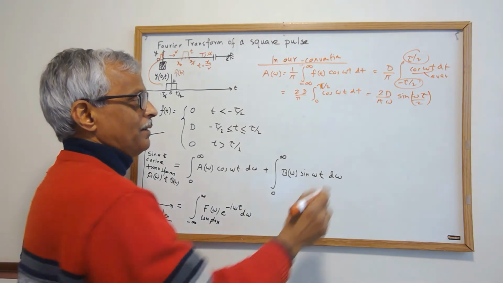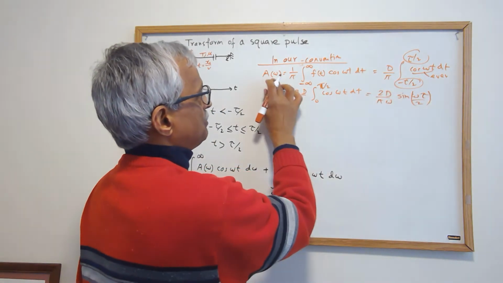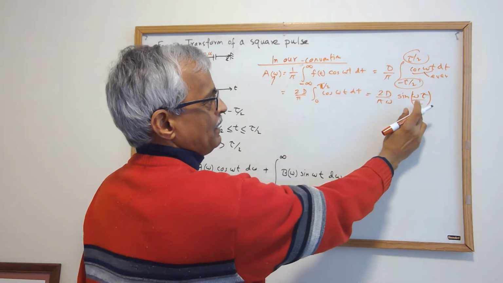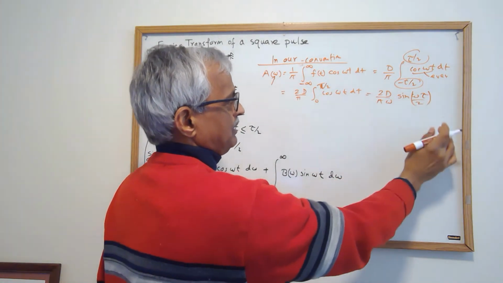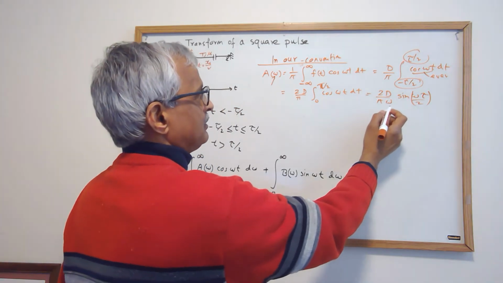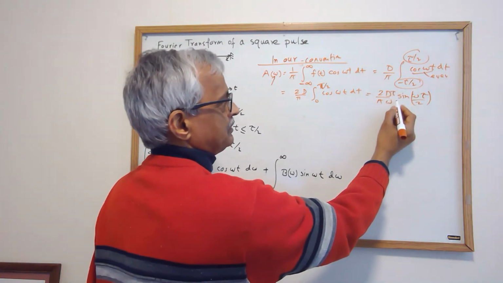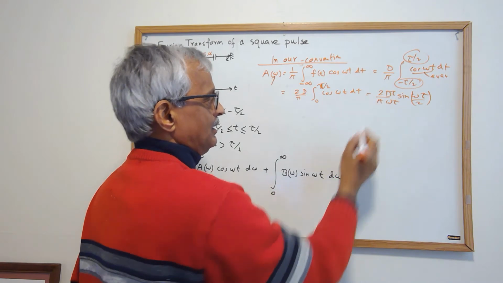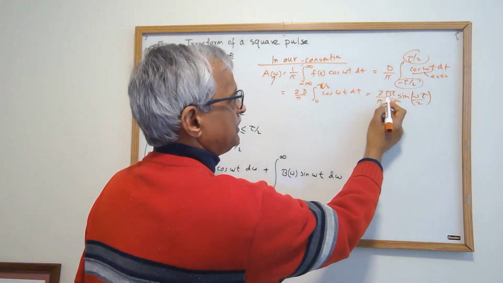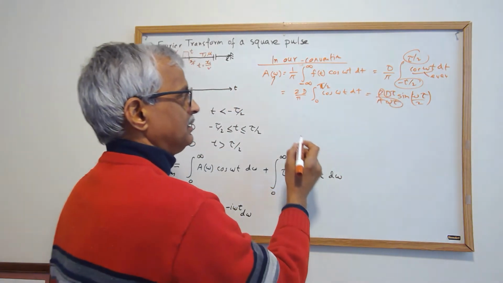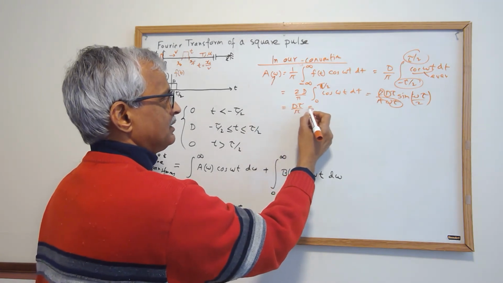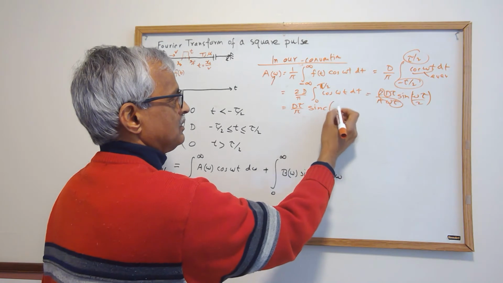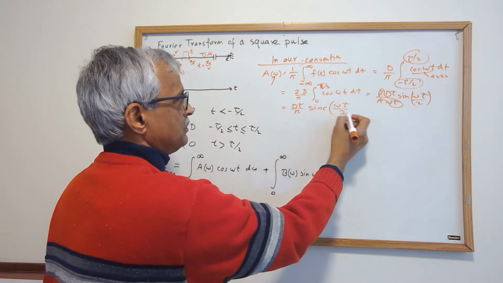You can see that this is a function of omega. I'm just looking at a function of omega, and sometimes it can be written another way. If I multiply by tau here, divide by tau here, and then put these together in the denominator, this is d tau over pi sinc of omega tau over 2.